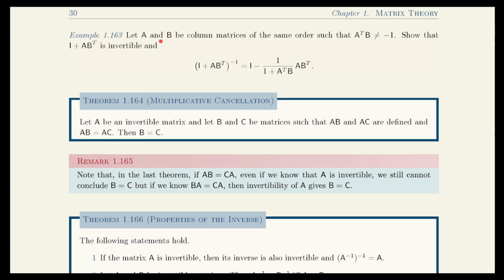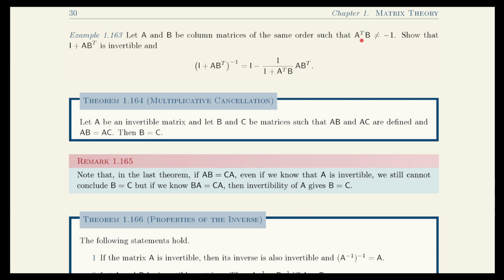A and B are column matrices, so this combination is always a number, and this number might become -1. I am excluding that scenario. I am saying let A and B be column matrices so that if you calculate this combination, which as Gustav mentioned is a number, that number shouldn't be equal to -1.